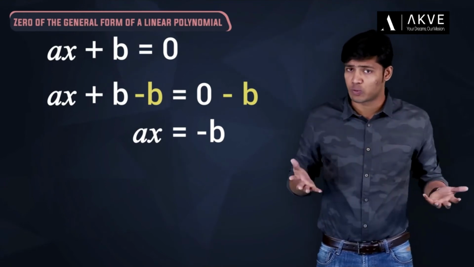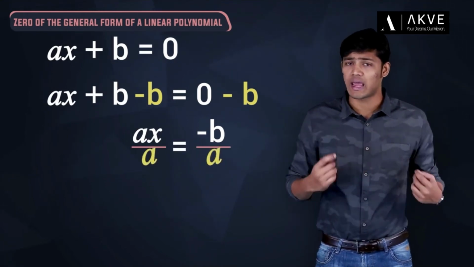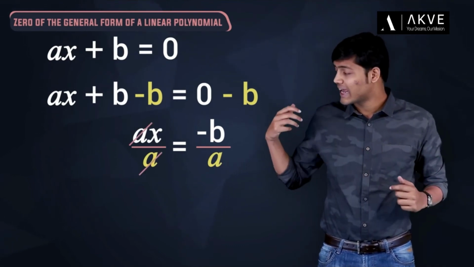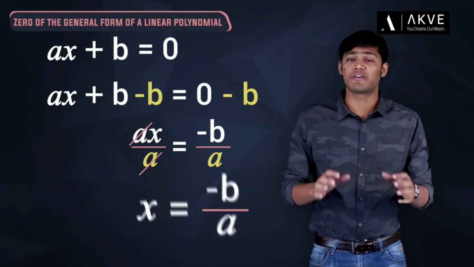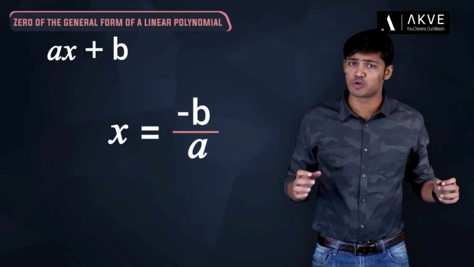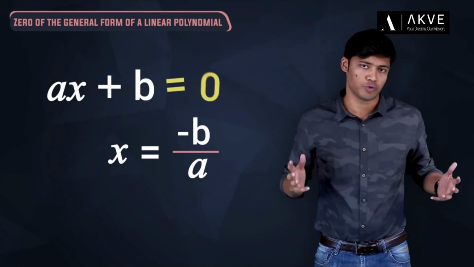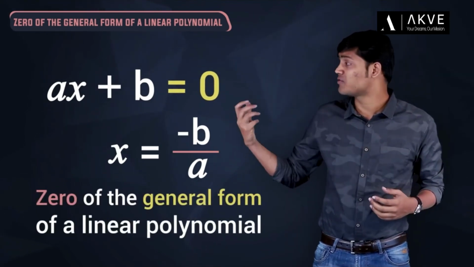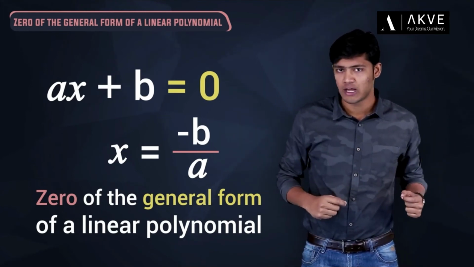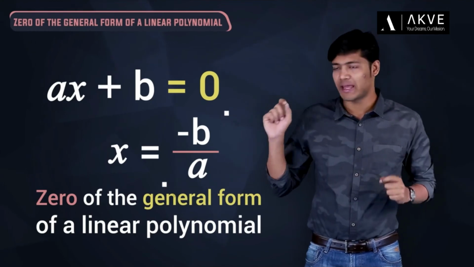Since a is not equal to 0, we can divide both sides of this equation by a, and doing so, we will get x equals minus b by a. So we can conclude that for the value of the variable x equals minus b by a, the value of this polynomial is equal to 0. Therefore, we can conclude that the zero of the general form of a linear polynomial, which is of the form ax plus b, is equal to minus b by a.